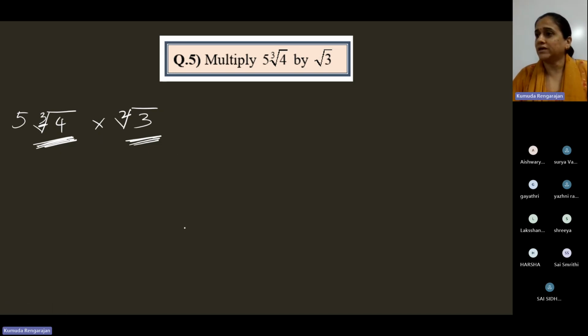Then how can you multiply? You'll have to bring them to the same order, using the LCM of the given orders. Order 3, order 2, LCM of 3 and 2 is 6. So bring both the surds to order 6 and then you can multiply.